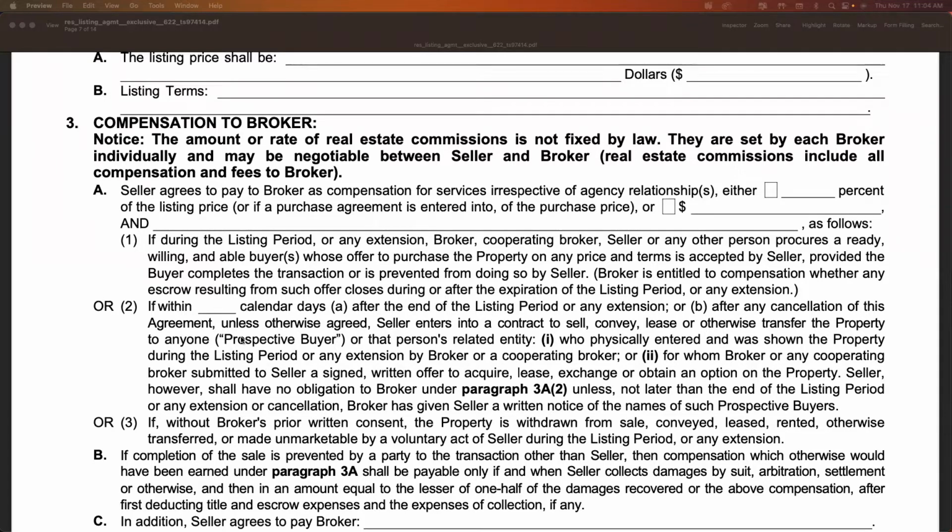The third way, again, we're recapping, is the seller makes the property unmarketable, doesn't allow you to show it, doesn't keep it up, doesn't keep the utilities on, those kind of things. Transfers the property, leases the property without our permission once it's listed.